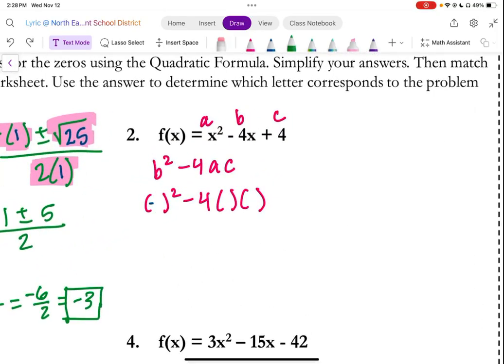All right, so here we're plugging in B, which is -4, A, which is 1, and C, which is 4. Putting this whole thing in the calculator, we get 0. Now, this 0 means that we have one real solution.